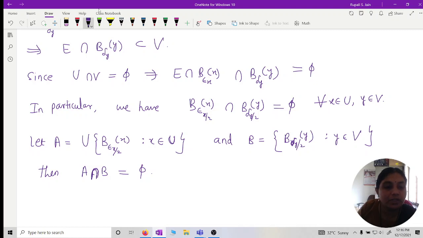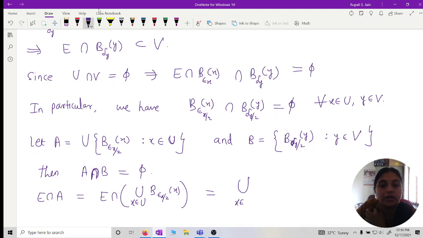Why? And what is E intersection A? It is E intersection the union over x belonging to U of B epsilon x by 2 of x, which I can write as the union over x belonging to U of B epsilon x by 2 of x intersection E. Can I write like this?